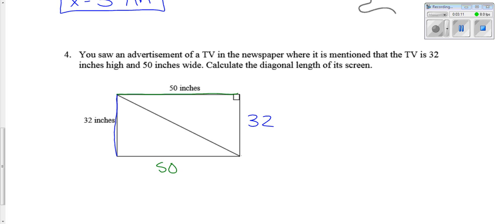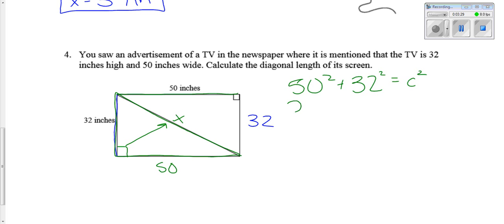So I take one of these triangles. They're both the same, so it doesn't matter which one. I'm looking for the diagonal piece, the part across from my right angle. I'm looking for my hypotenuse. So this should be 50 squared plus 32 squared equals c squared, which is 2,500 plus 1,224 equals c squared.